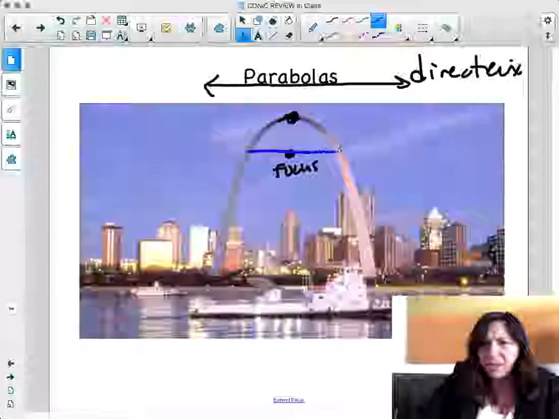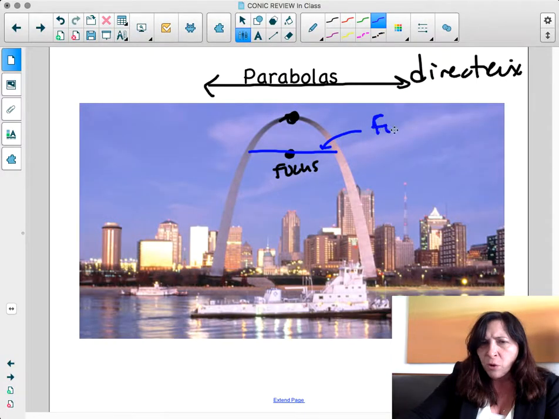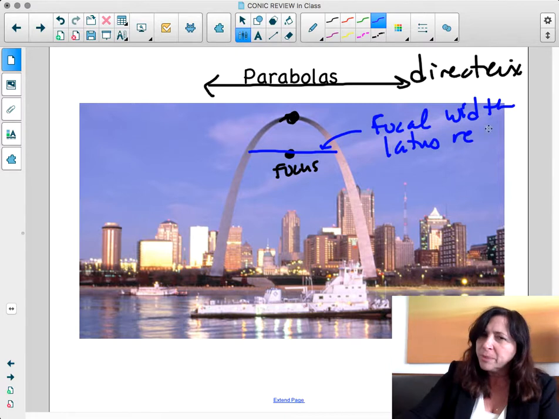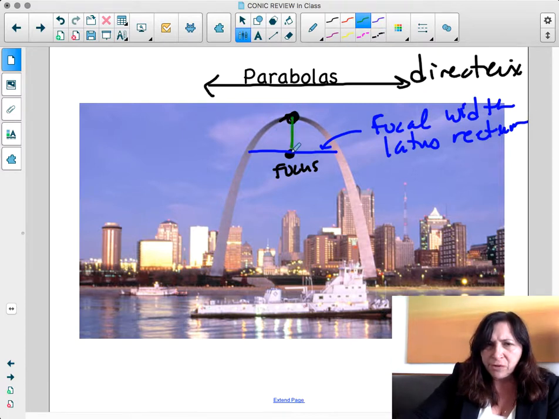We call that either the focal width or the latus rectum. I know it's a strange word, but that's what we call it. It's a Greek term. We also know that the distance from my focus to my vertex, see this being my vertex, is going to be the length of p.